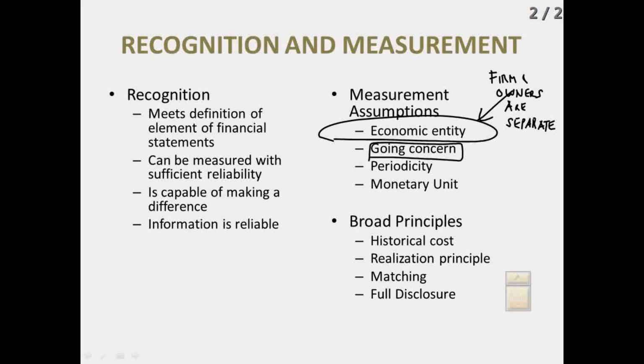When you think about why we use historical cost, it's not just because it's easy, it's not just because it's a number that we all agree upon. It's because historical cost is as relevant as anything else if we're assuming the company is going to continue into perpetuity.